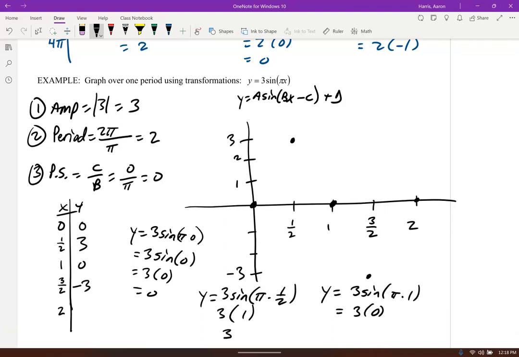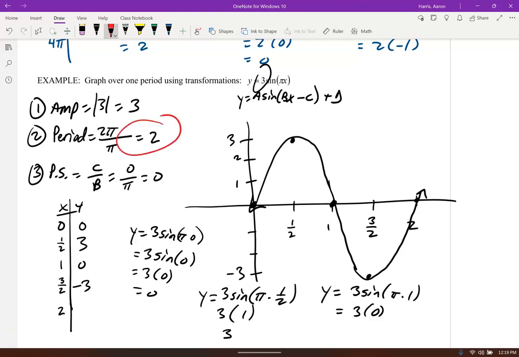And plug the 2 in. You can see there's your sine, right? So the 3 has vertically stretched it. And instead of a 2 pi, which is a 6.28 period, this period is only 2, right?